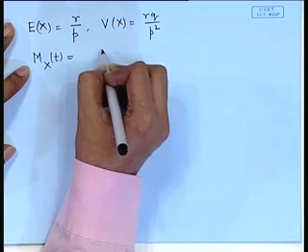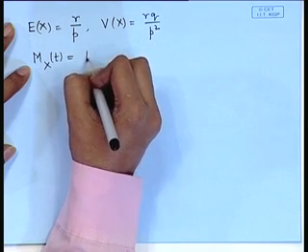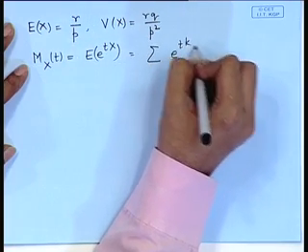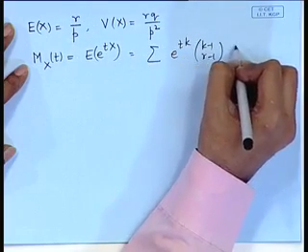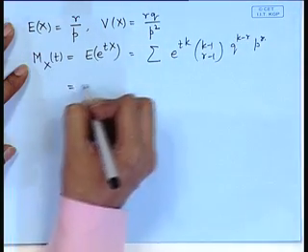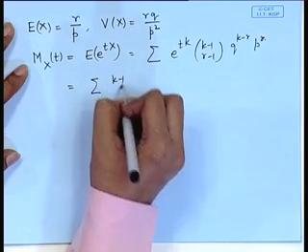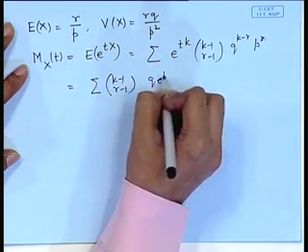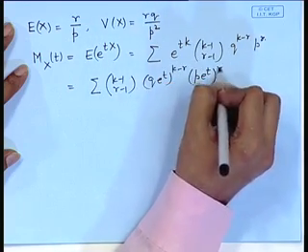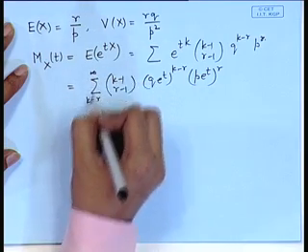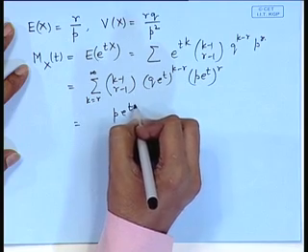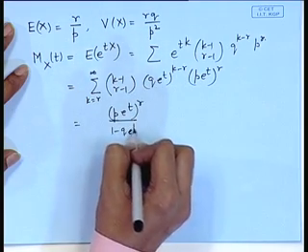We may look at the moment generating function, that will be expectation of e to the power t x, that is equal to sigma e to the power t k minus 1 c r minus 1 q to the power k minus r p to the power r, that is equal to k minus 1 c r minus 1 q e to the power t to the power k minus r p e to the power t to the power r, k is equal to r to infinity, which is equal to p e to the power t to the power r divided by 1 minus q e to the power t to the power r.